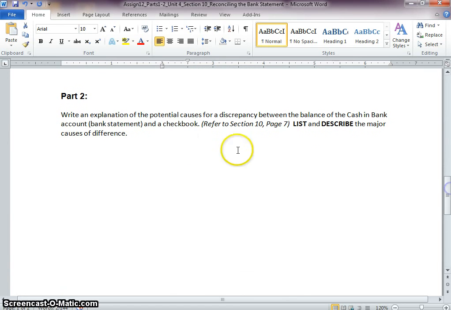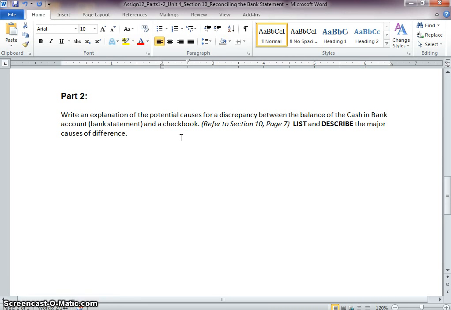And then part 2, you are explaining the potential causes for discrepancy between the balance of your cash and bank account, so the bank statement, and then maybe what you've recorded in a checkbook. We talked about reconciling the bank statement with your checkbook, and we covered that in our last Class Connect session, so tune into that if you are confused by that at all.